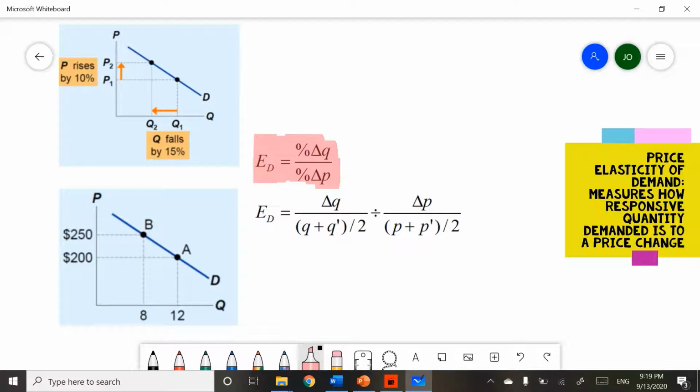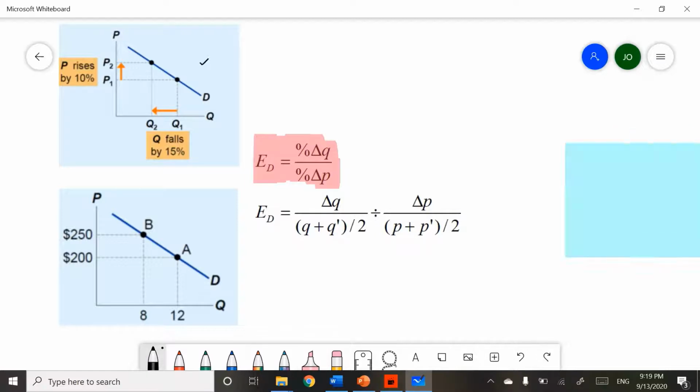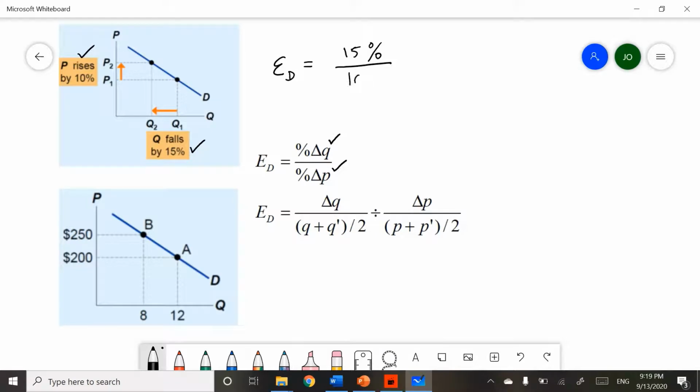Let's do an example with the top graph. In the graph, we already have the percentages, so we can just plug them into the formula. Our elasticity of demand will be the percent change in quantity, which is 15%, divided by the percent change in price, which is 10%.